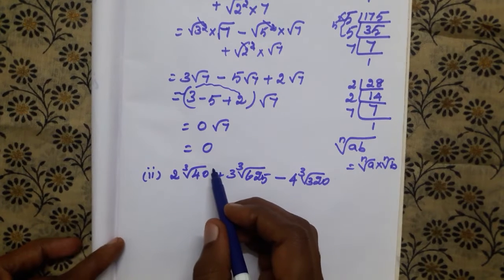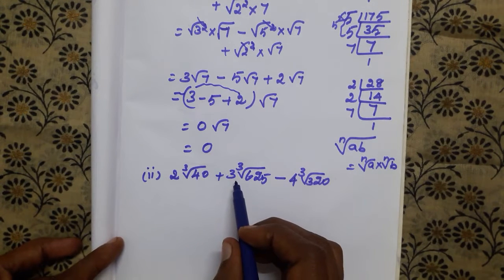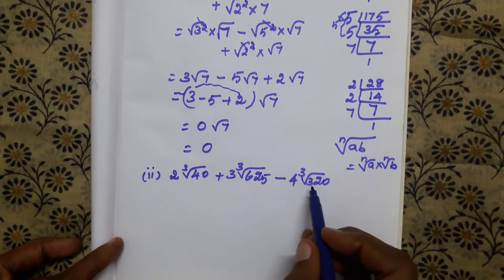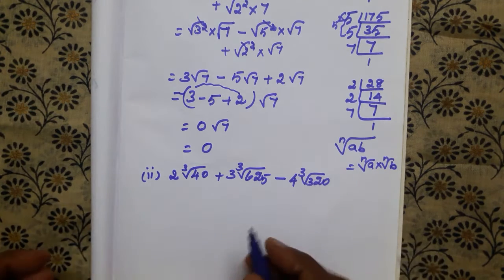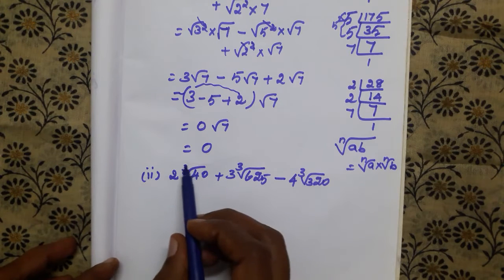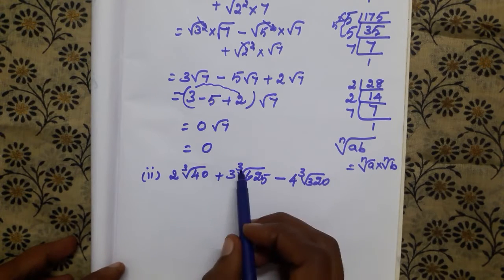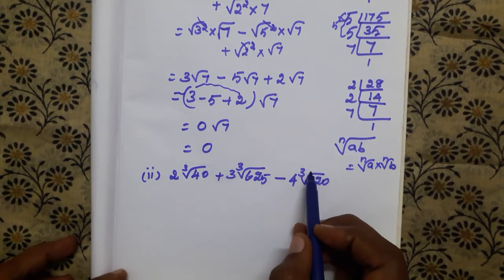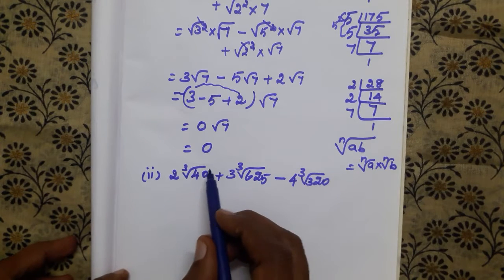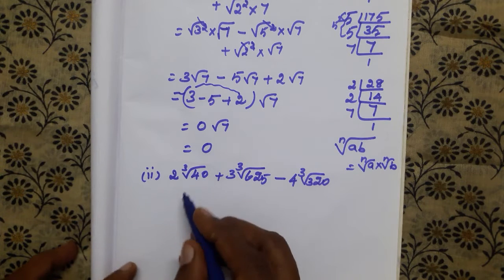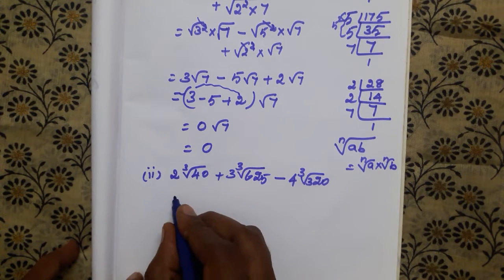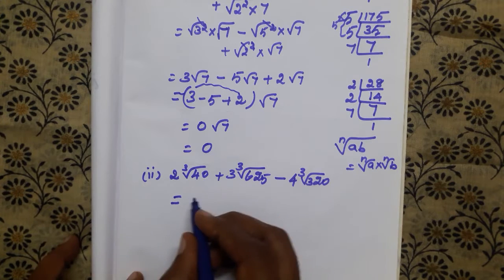Now check this. Here everywhere order is 3, but the radicand is different. We can write this in the simplest form. How can we write in the simplest form?